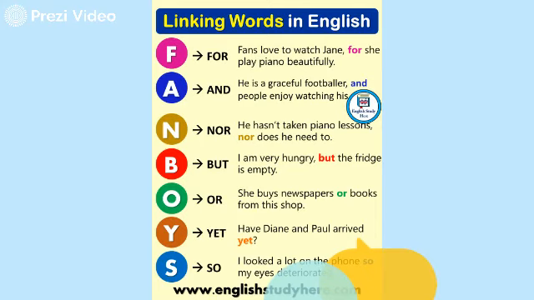The first one is for. Let's read our example. Fans love to watch Jane, for she played piano beautifully. And: he is a graceful footballer, and people enjoy watching him. As you can see, in this case, and needs a comma.